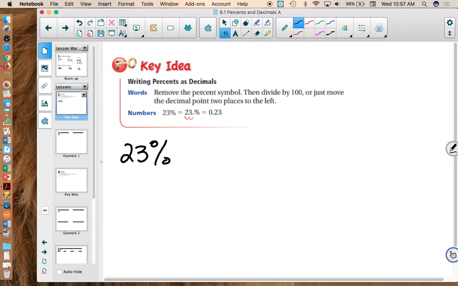Does that make sense to you? If I'm moving it to the left 2 places, what operation is letting me do that? Division, okay? So technically we're dividing by 100. Everybody's got that on their notes, right?